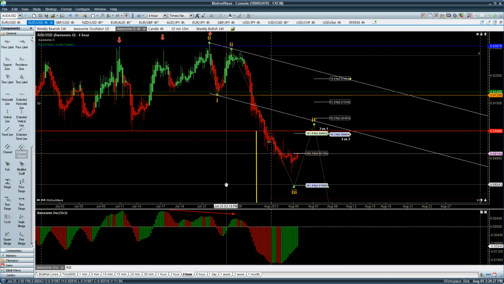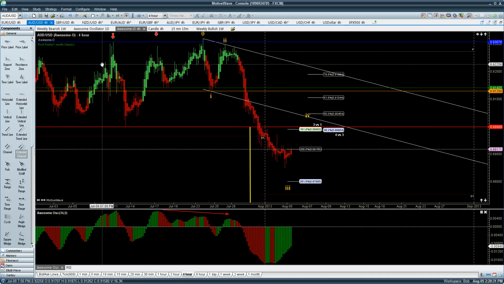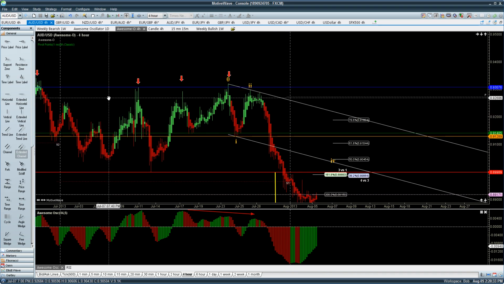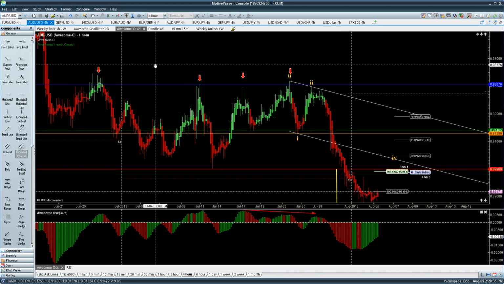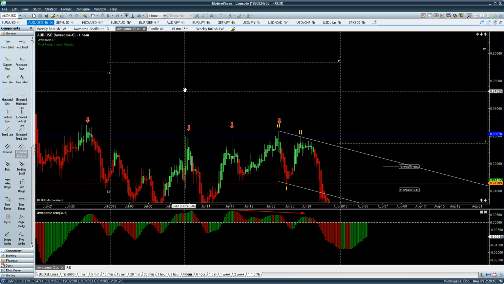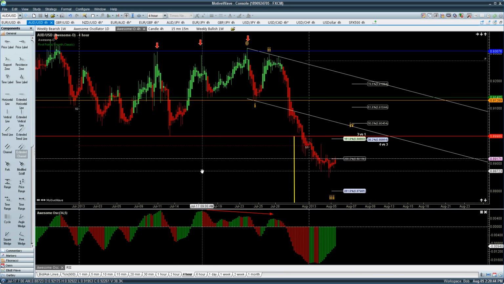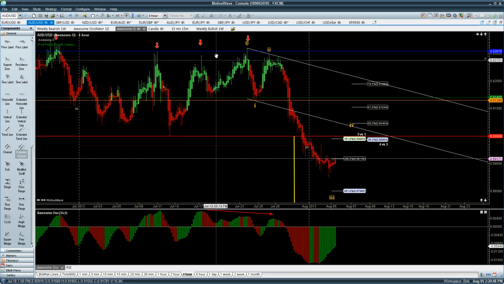Aussie trying to bounce again. Last video I did, I think I was looking for possible break above this high with the target. I'm not even sure where the target was, but it ended up breaking to the downside. I still have the same lines drawn here.